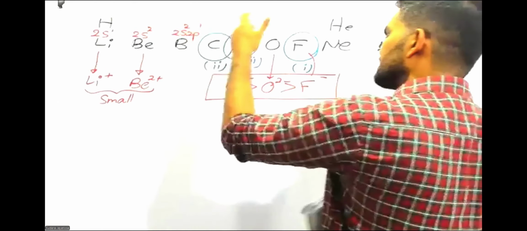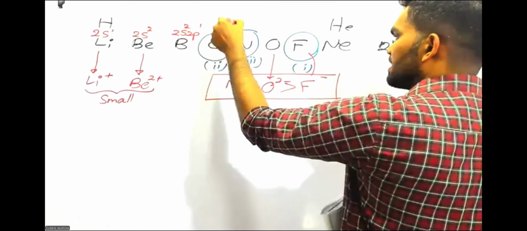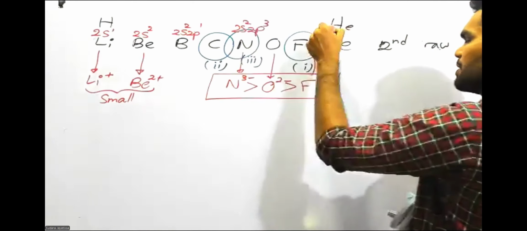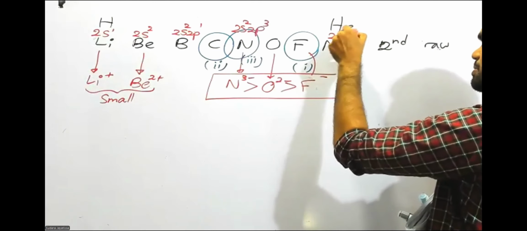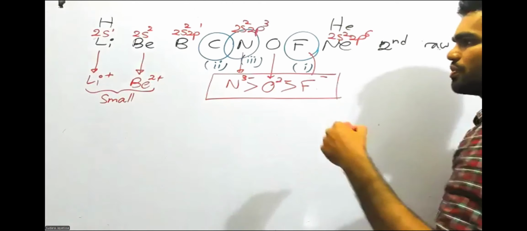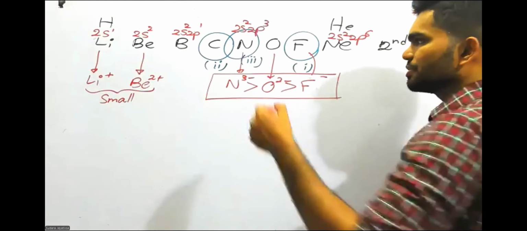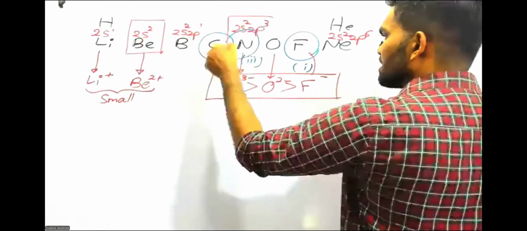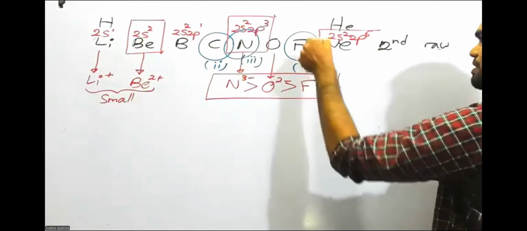Then the p electrons are filled, and nitrogen is 2s2 2p3, and neon right here 2s2 2p6. You can find stable configurations in beryllium, nitrogen, and neon.